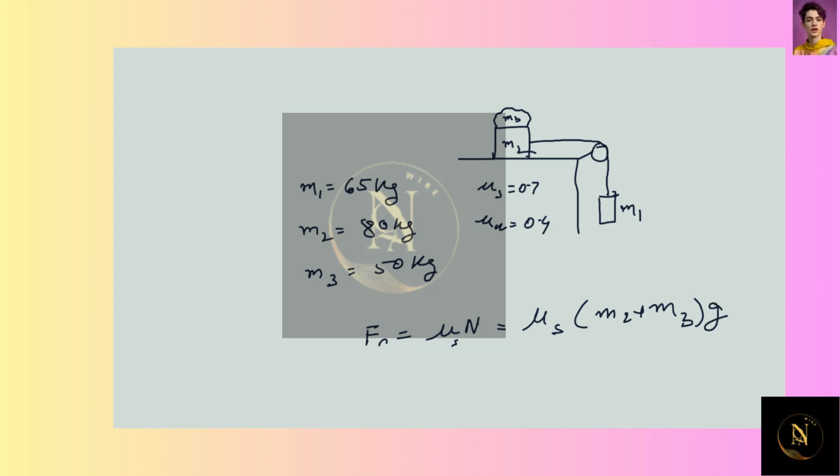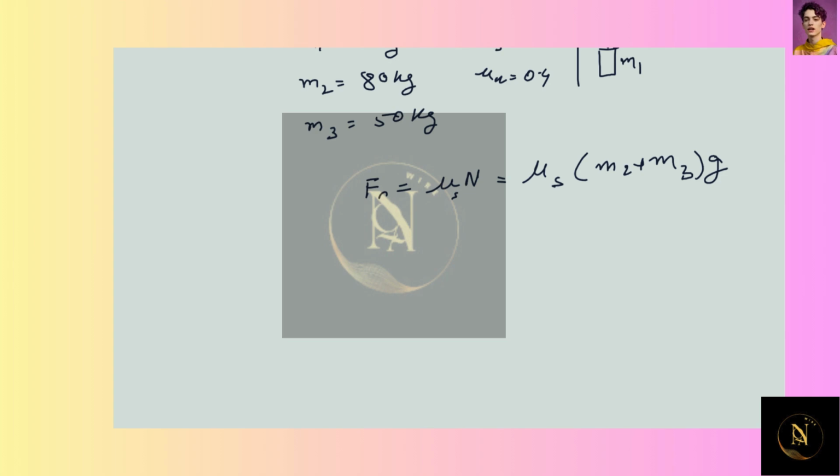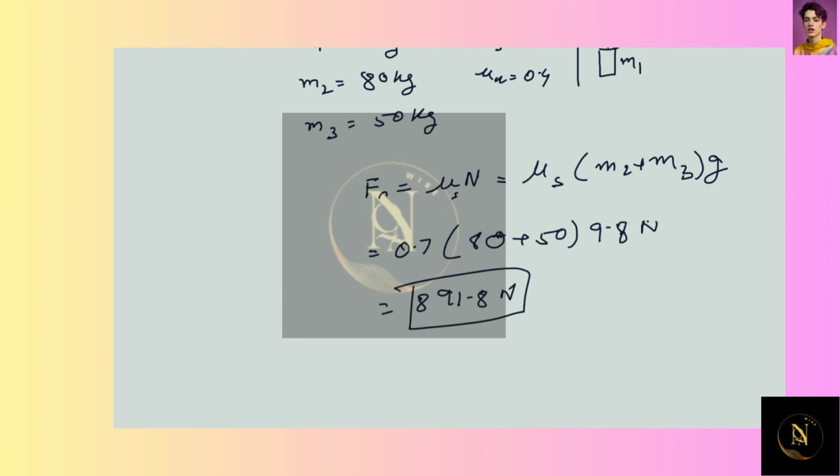So this is 0.7 times (80 plus 50) times 9.8 Newton. So this is around 891.8 Newton, which is the frictional force.